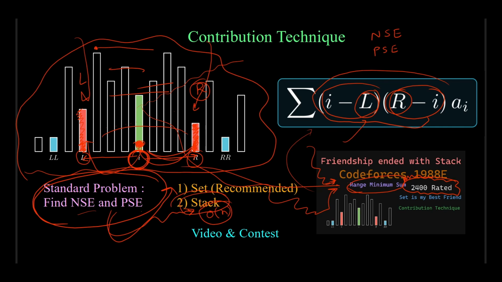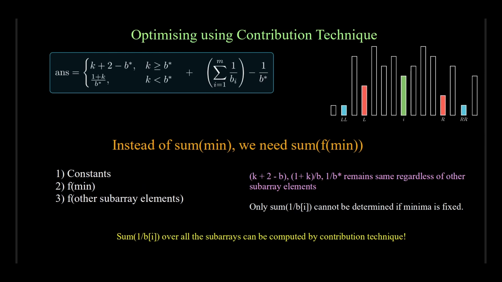If I devote a couple of hours on it, I'll be able to write the correct implementation without any bugs for the stack based approach. But if you just give me 5 minutes, I'll write the correct set based approach without any bugs. So that's why I highly recommend you to watch this video as well. Now let's move on to the next part.